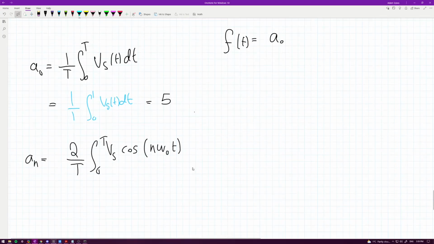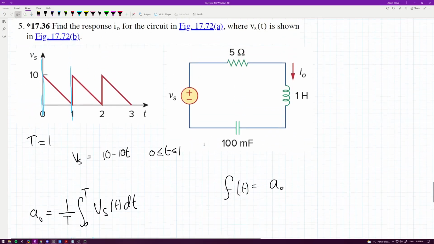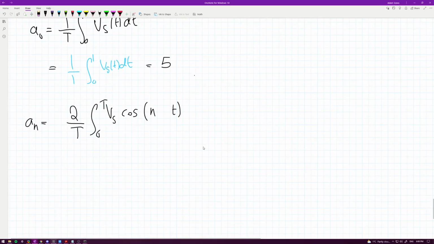I'd rather just do it as n pi over... oh no, I can't do that though. Isn't it 2 pi in this case? Because our period is 1, so 2 pi over 1. So it'd be 2 pi n here.